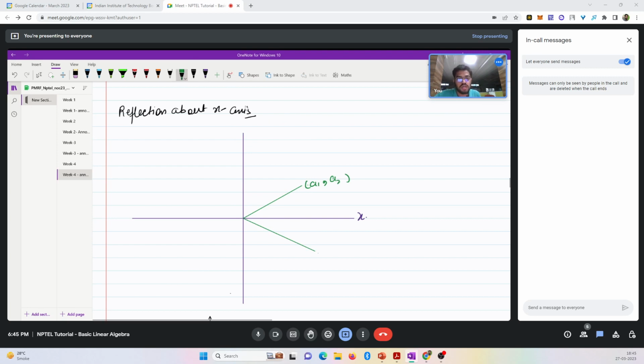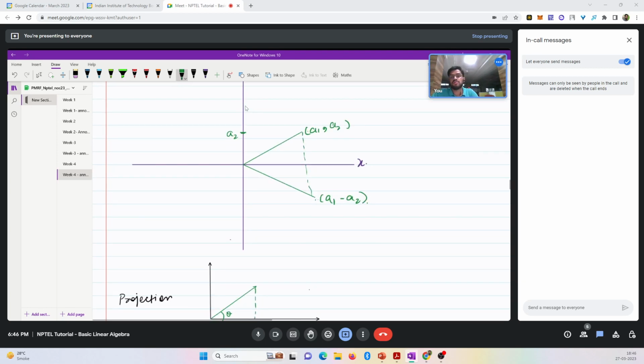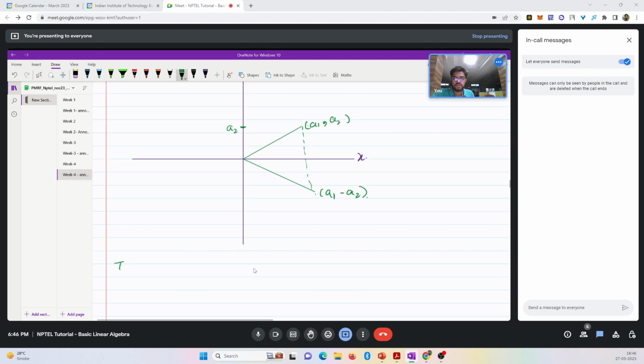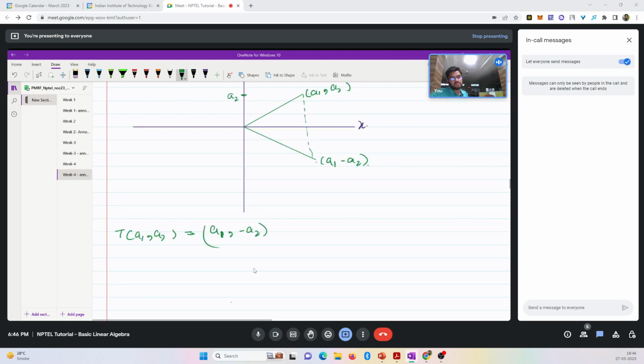Now if you see, its x coordinate remains intact. Just imagine that this is a straight line, so its x coordinate would remain intact. Now if the height is a2 over here, then this would become minus a2. So this is pretty simple one, that T of a1 comma a2 here is nothing but a1 comma minus a2. This can also be easily verified to be a linear transformation.